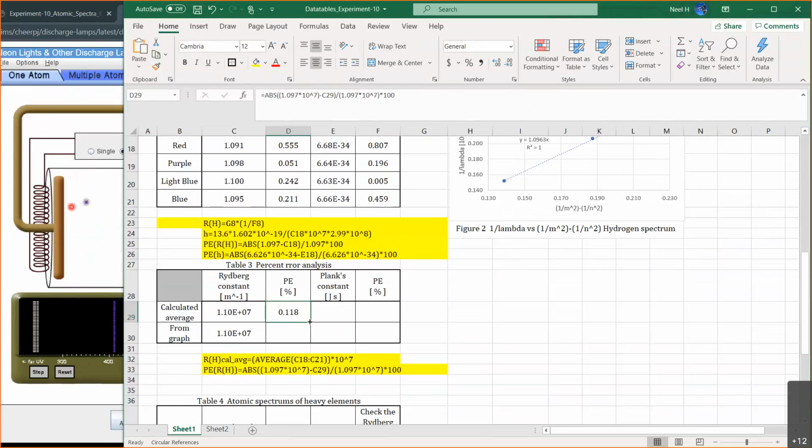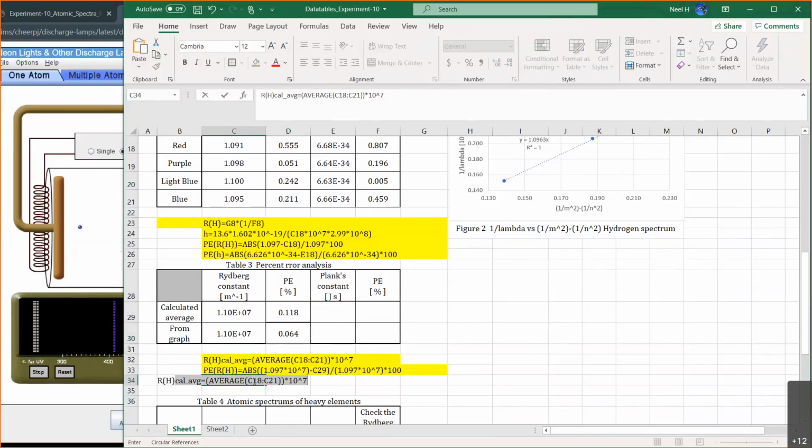This one you can just click and drag, that will do it automatically. So R of H from graph is just equal to the slope of the graph. Okay. Any question?